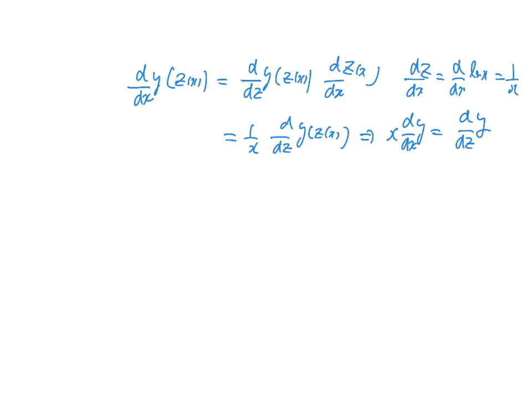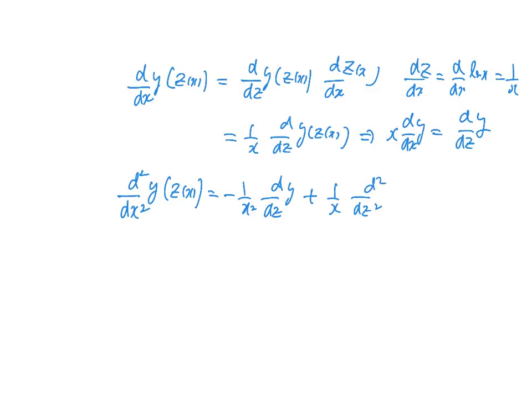We differentiate once more, d squared y over dx squared. So we first differentiate this part, minus 1 over x squared dy/dz, plus 1 over x squared d squared y/dz squared.